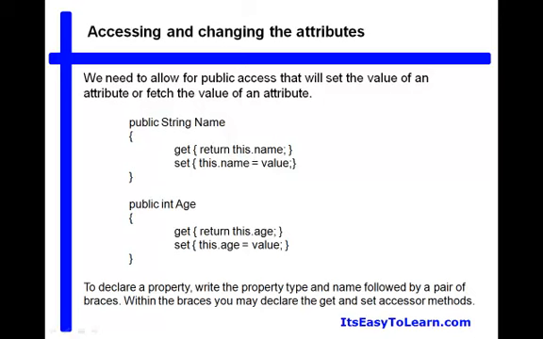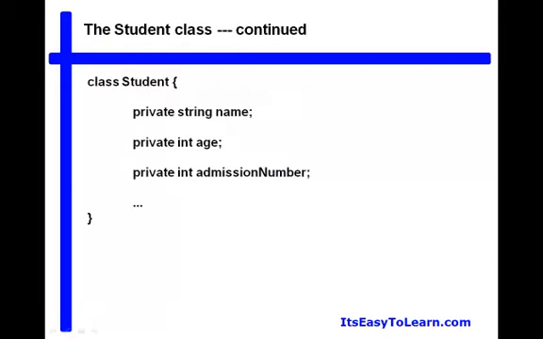To declare a property, what you need to do is write the property type, either string or int, and the name followed by a pair of braces. Within the braces we may declare the get and set accessor methods. So we look at the attributes, and we define the attributes as private, type string, and name is the name of the attribute.